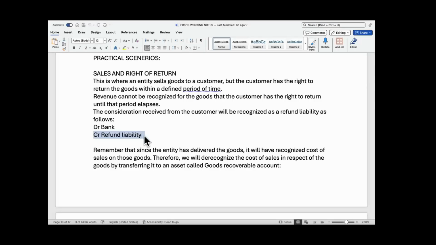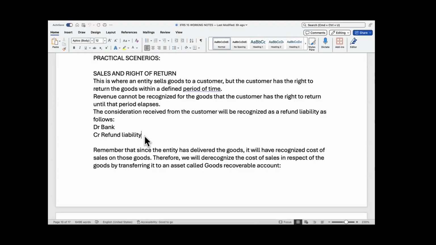However, you need to remember that those goods that you sold, that you transferred to this customer, you'll have actually recognized the purchases in your cost of sales.